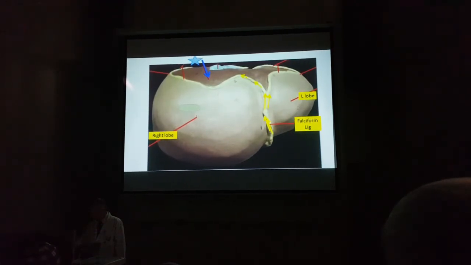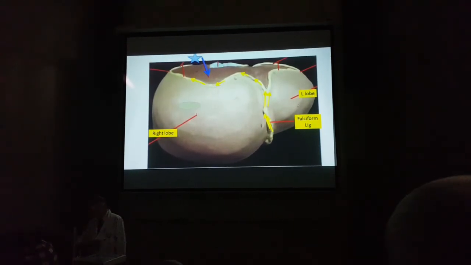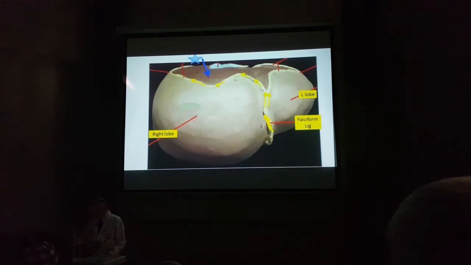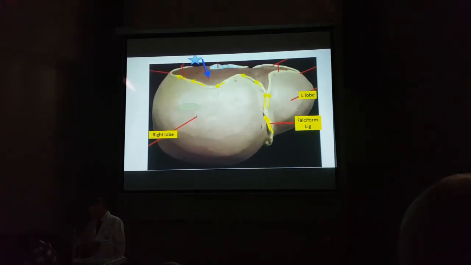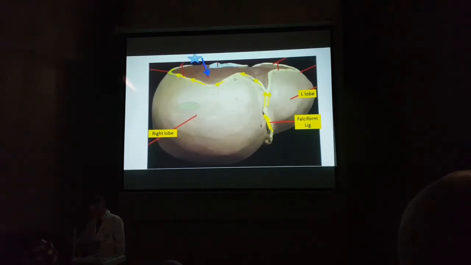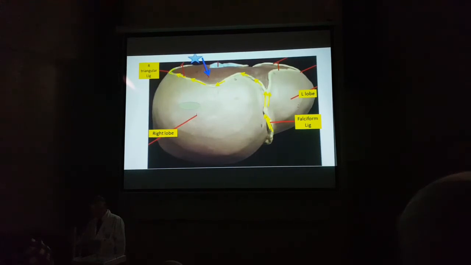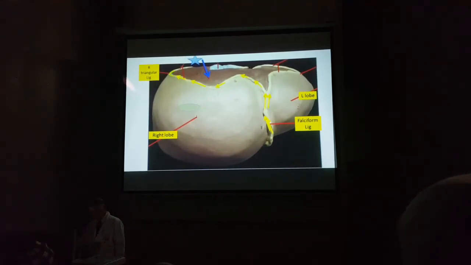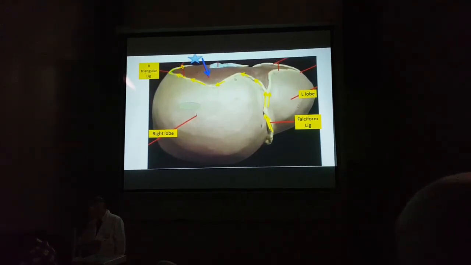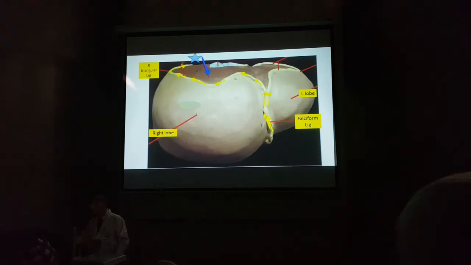One goes to the right and then attaches to the diaphragm. It turns back. When it turns back, this is called the right triangular ligament, and goes back to the liver.